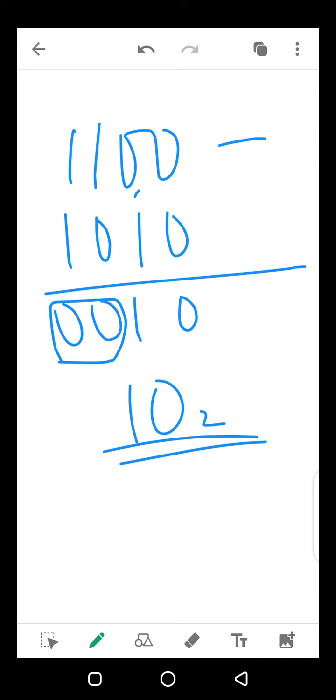We can do a quick check on this by converting this to base 10, and converting this one to base 10 again, and then subtract this from this, and then convert what we get to base 2 to see what it will give us. Let's try it.